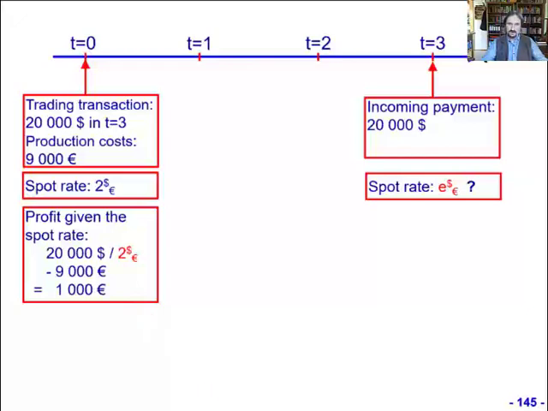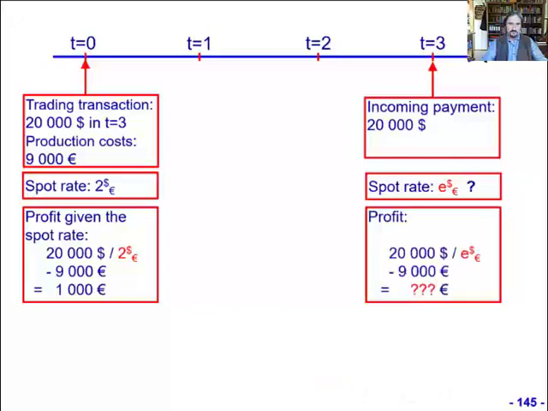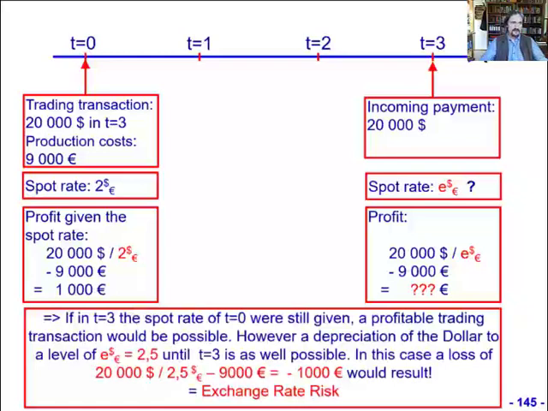We do, however, not know what the future spot rate will be. If 3 months ahead the current spot rate were still given, a profitable deal would be possible. However, a depreciation of the dollar to a level of, let's say, $2.5 for 1 euro is as well possible.